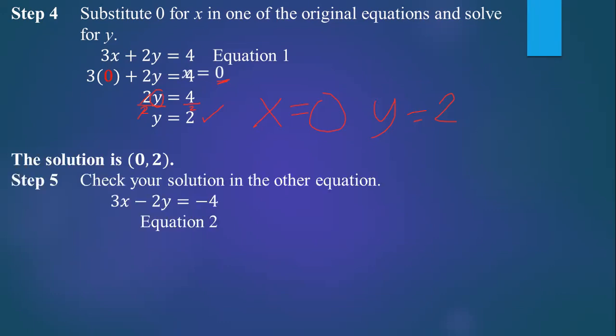Okay, so if we check that, substituting x equals 0 and y equals 2 into 3x minus 2y: 3 times 0 minus 2 times 2 equals negative 4. Or negative 4 equals negative 4. That is by the elimination method.